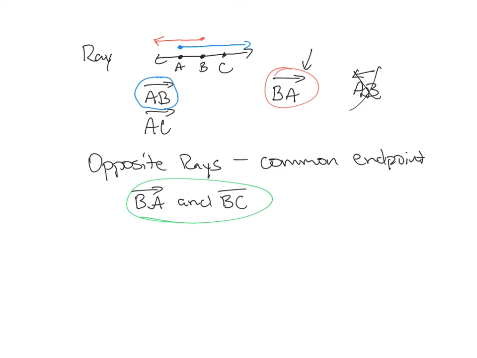They start at B, go toward A, start at B, go toward C. So they are going to make a line. You wouldn't have an opposite ray being like that. Yes, there's a common endpoint, but they need to go in opposite directions. So one goes to the right, the other one would have to go straight to the left. They do make a line out of that.